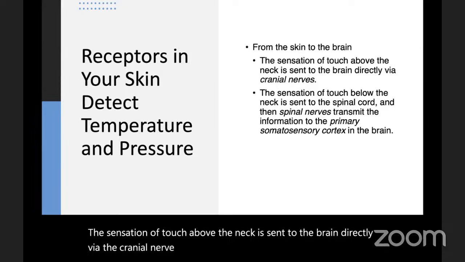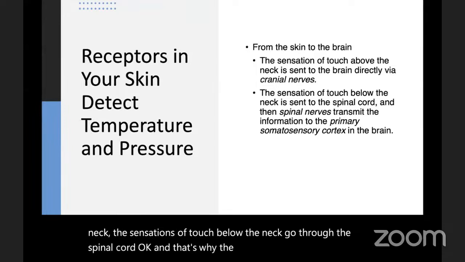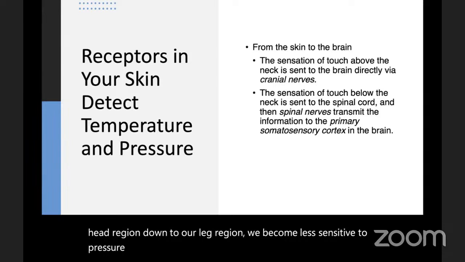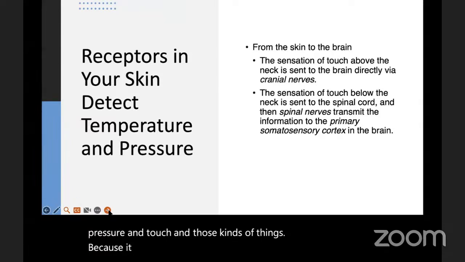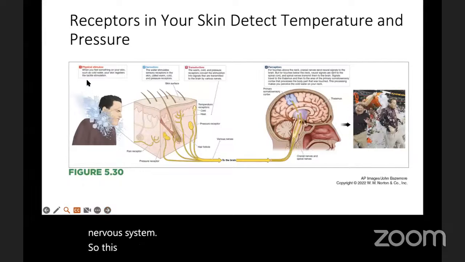However, the sensations of touch below the neck go through the spinal cord, okay? And that's why the further we get away from the head region down to our leg region, we become less sensitive to pressure and touch and those kinds of things, because it takes longer for that information to reach the central nervous system.